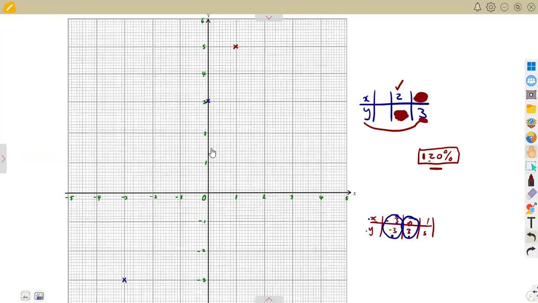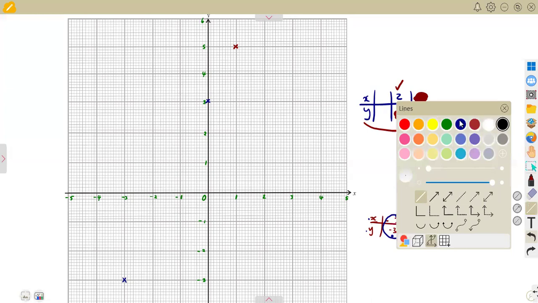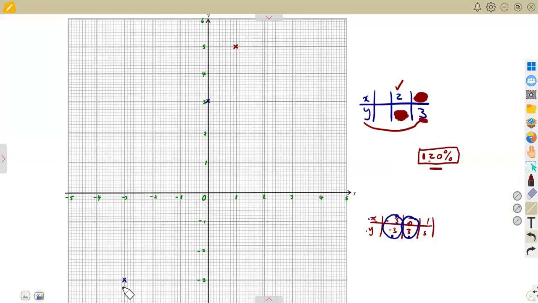You're going to join these points using a ruler. That is the idea. So in this case, I'm just going to join them freehand, but you are supposed to use a ruler and join your points.